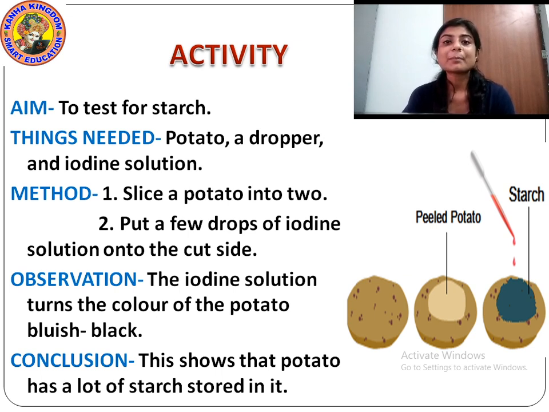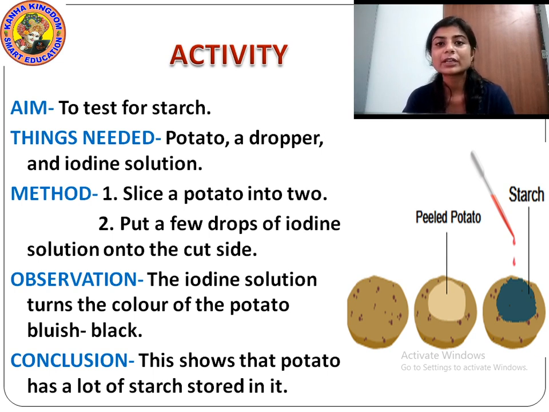Then what is the method to do this experiment? First, you will take the potato and cut it into two pieces. And you will put a few drops of iodine solution on the cut side. If the iodine solution turns the color of the potato into bluish black, this shows that the potato contains starch.